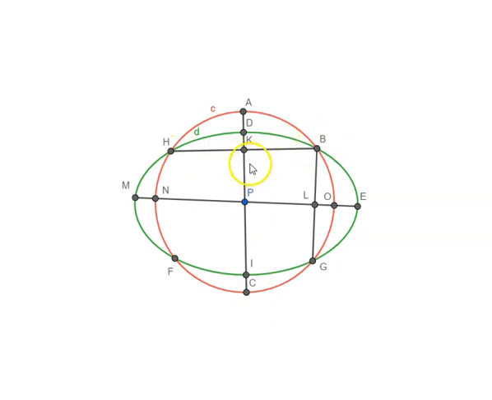So, which means the center of the circle D lies on DI, and the only point in common to ME and DI is P. So we have reached a conclusion that the center is common to both the circles.